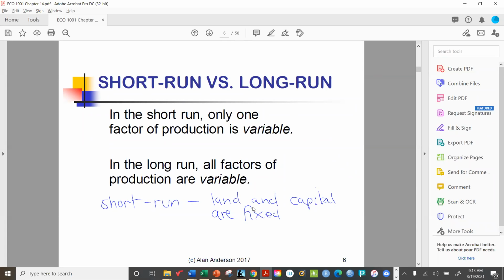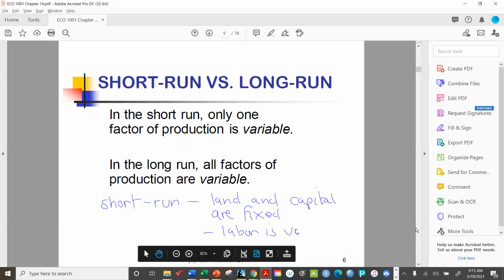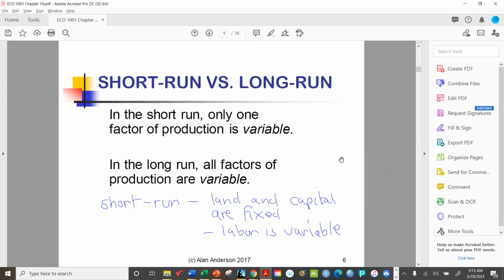Okay, labor is variable, only labor. Okay, so that's an important assumption.